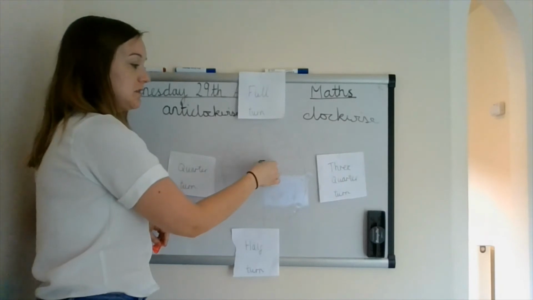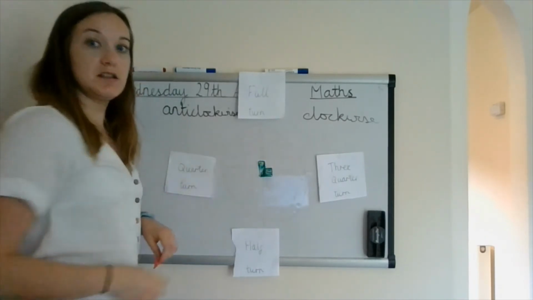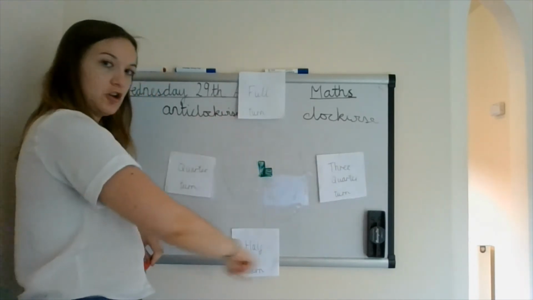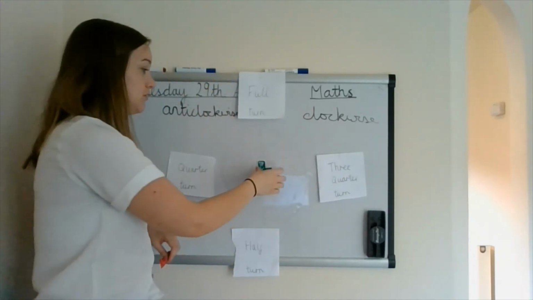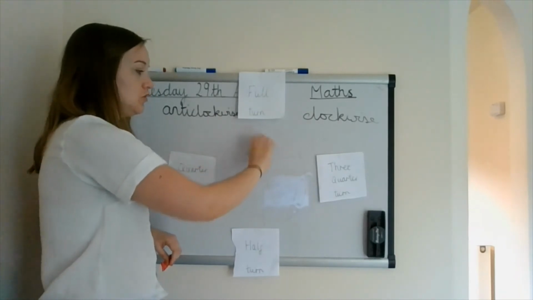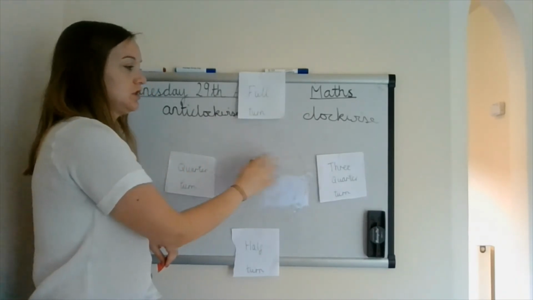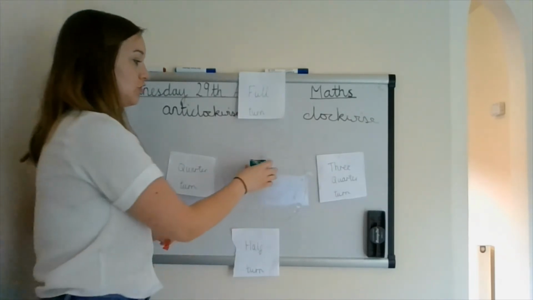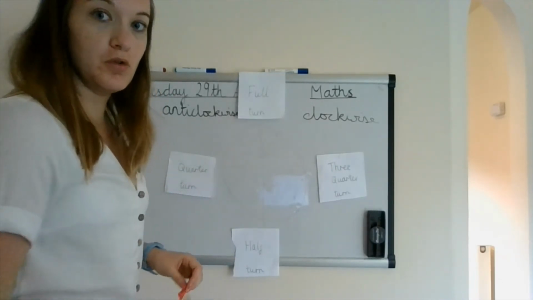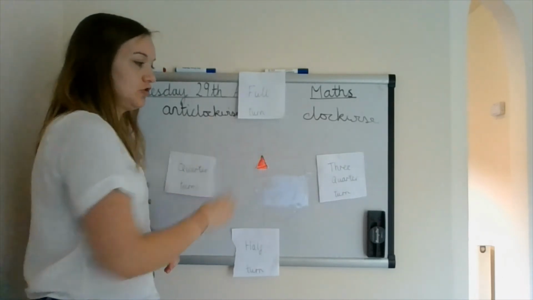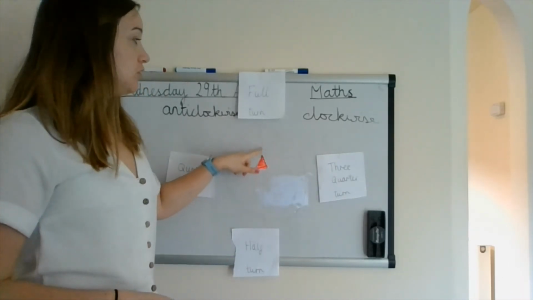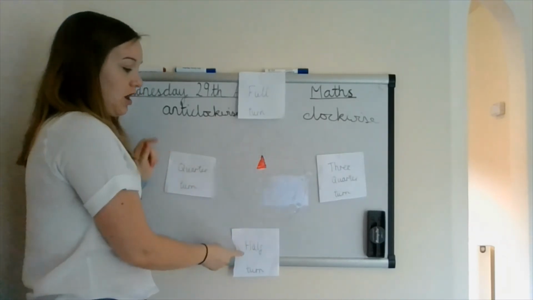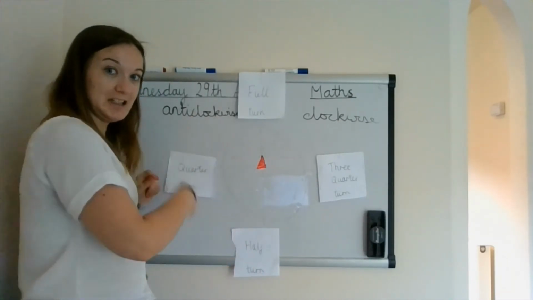Okay, I go back to the beginning and this time I want to do a 3/4 turn anti-clockwise. So I'm going to go this way around. So 1/4, 2/4, 3/4 turn anti-clockwise, and that's what it looks like. So give it a little try on all of the turns and then move on to your red triangle. So my red triangle is facing forward and then I'm going to turn it a 1/2 turn anti-clockwise.